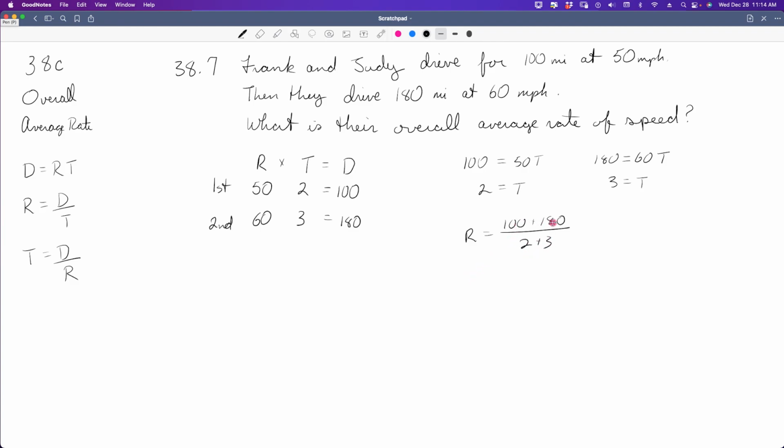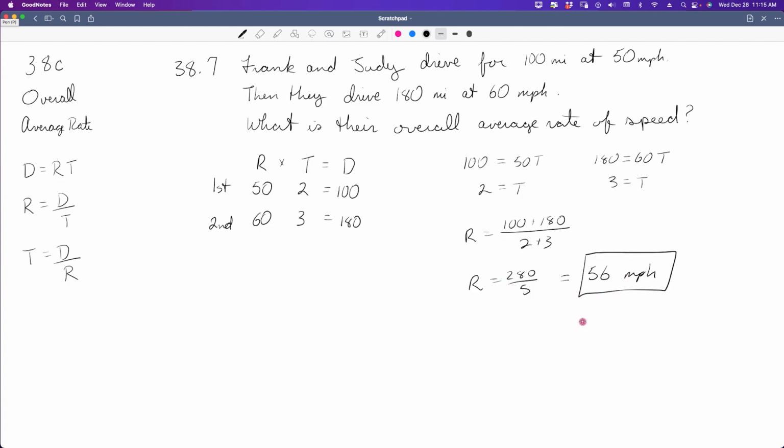So that's going to be 280 divided by 5, which is equal to 56 miles per hour. That is going to be the overall average rate of speed that gets them 280 miles down the road in 5 hours. Pretty straightforward, and you can see how all of these are used within each one of these scenarios.